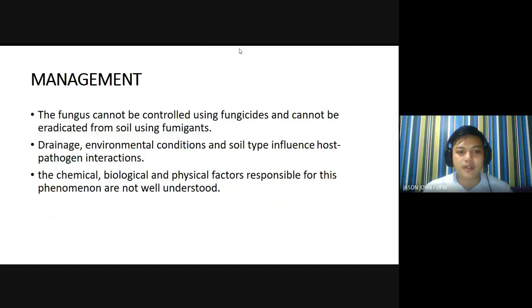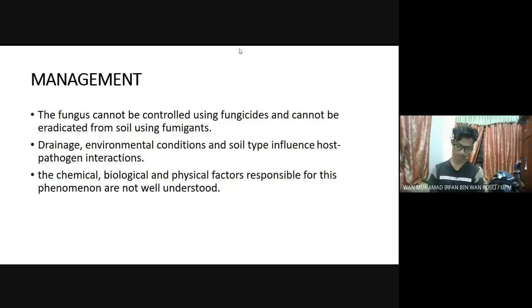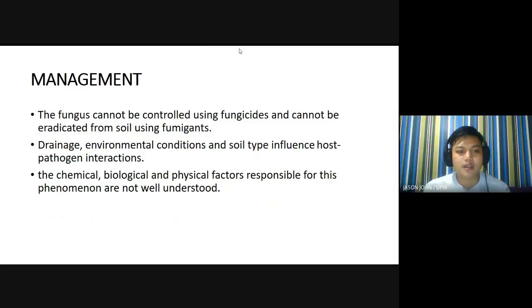Drainage, environmental condition, and soil type influence host-pathogen interaction. The chemical, biological, and physical factors responsible for this phenomenon are not well understood. Next.